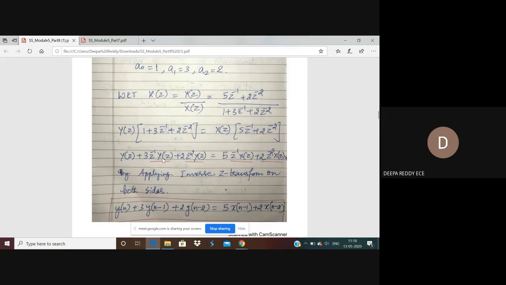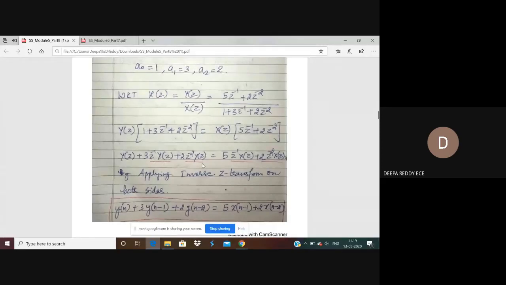Time shifting property means z to the power of minus k into Y of z. So what is k here? k is 1. So this is y of n minus 1, plus 2 into y of n minus 2. This is nothing but using the time shifting property, which we have seen in an earlier slide.